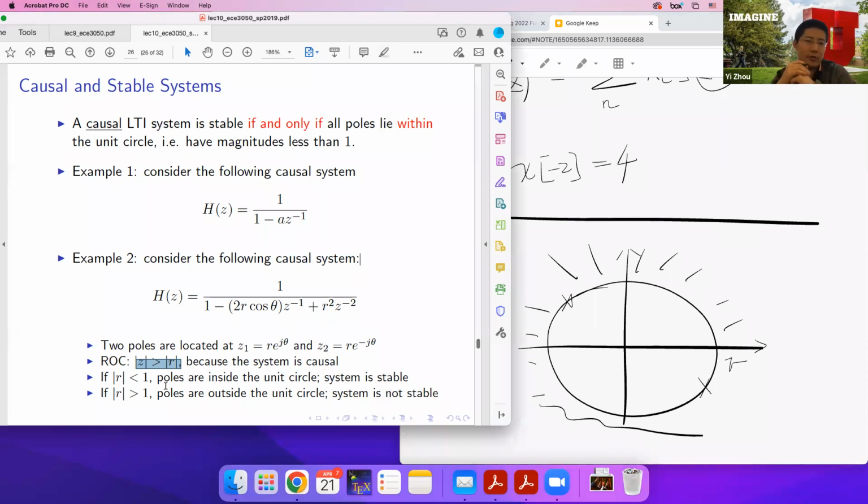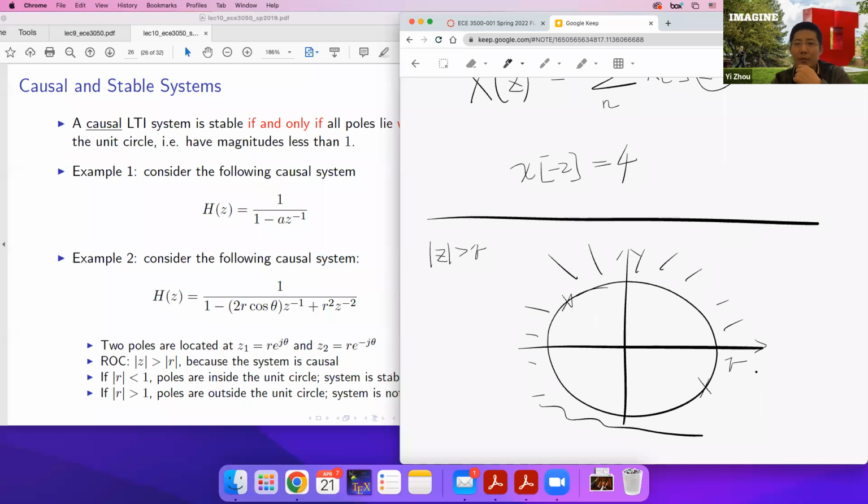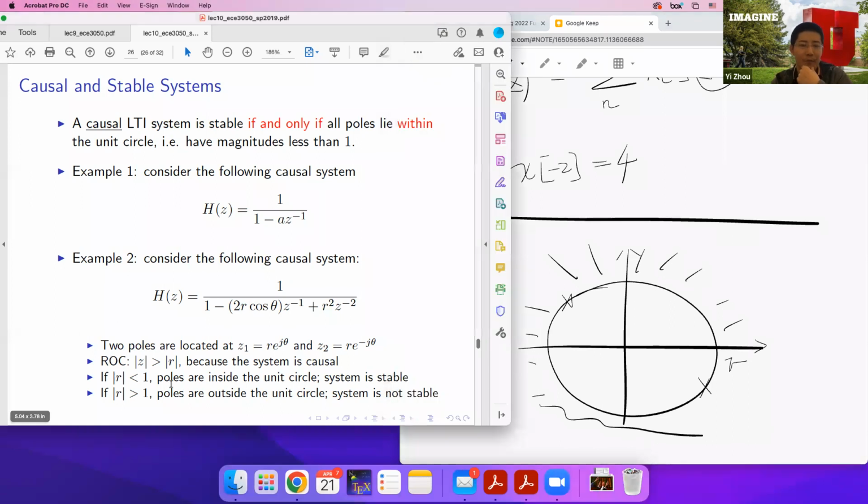And then there are 2 cases depending on the value of r. Now this r is given in the system frequency response. If this r is less than 1, has a magnitude less than 1, meaning that this outer region will contain the unit circle, right? Because it is less than 1, so 1 is beyond this r. In this case, the ROC includes the unit circle, so the system is a stable system.